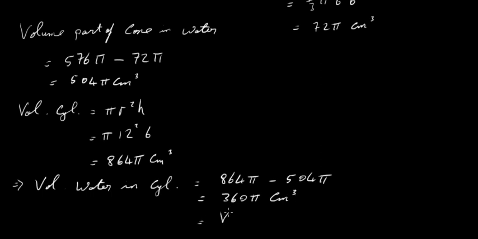And that's going to be equal to the volume, according to Cavalieri anyway, this is going to be the volume of water in the sphere. Okay, so that's it for question 7.